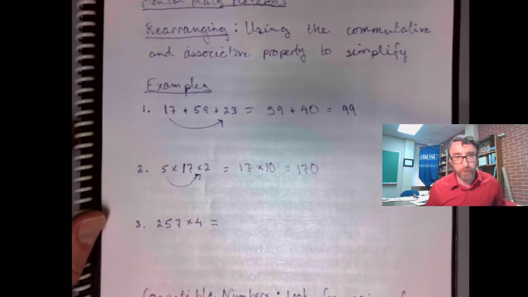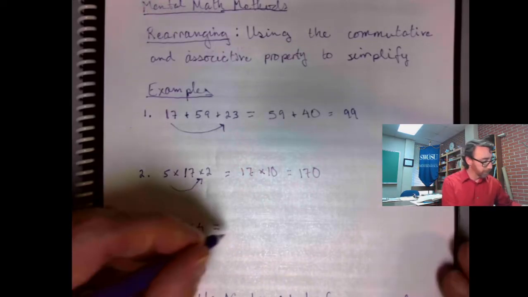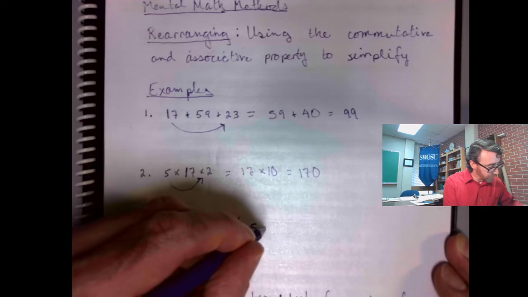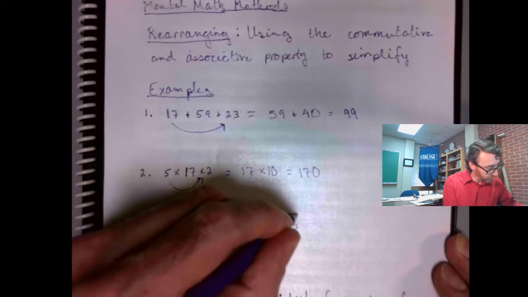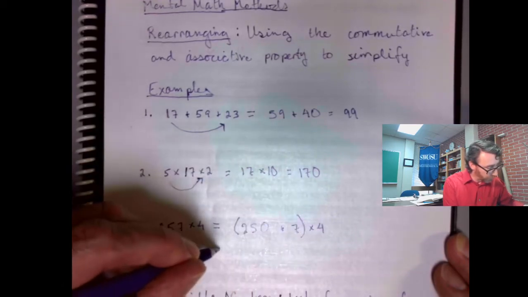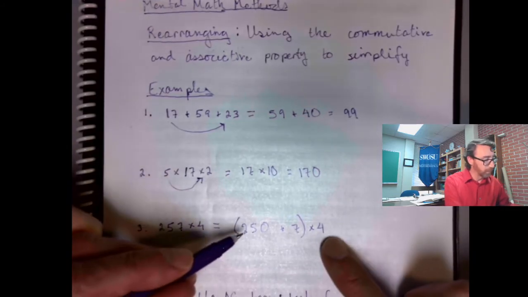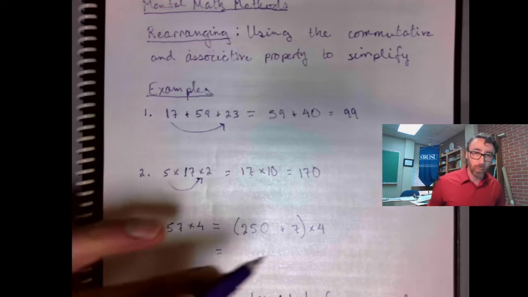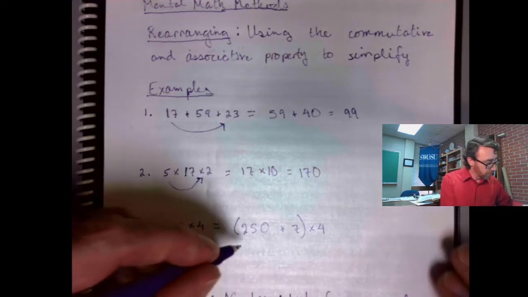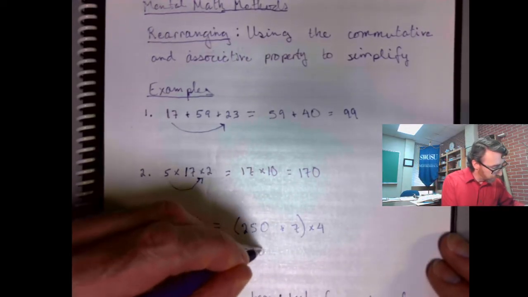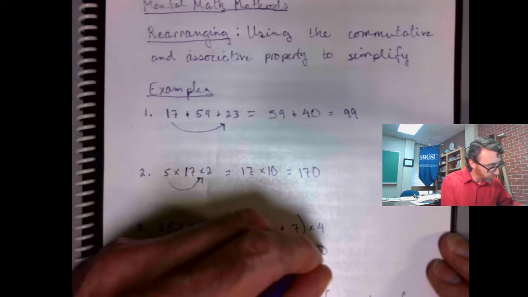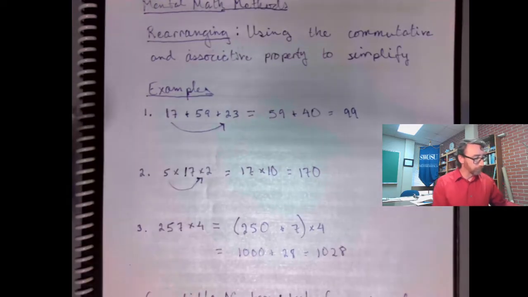This is a little bit trickier here. 257, so 250 plus 7 times 4. Now the point is that 4 times 250 is an even 1,000. 7 times 4 is 28, so you have 1,028 there.